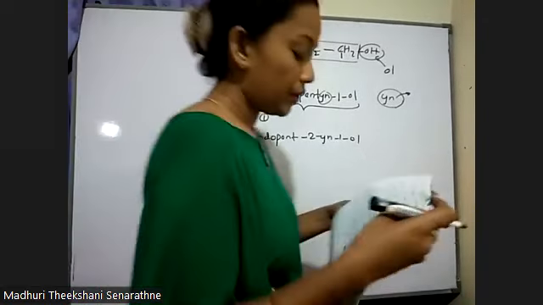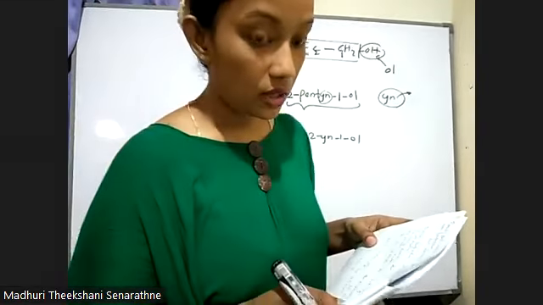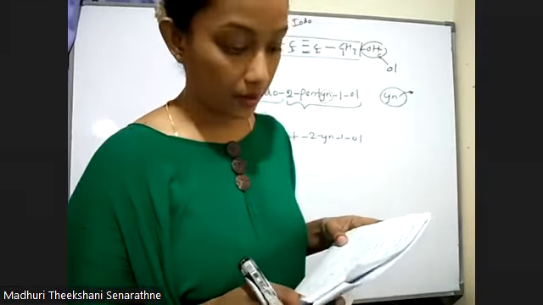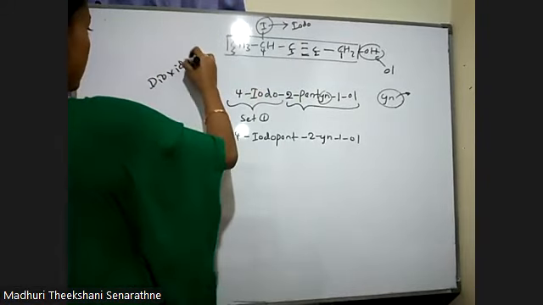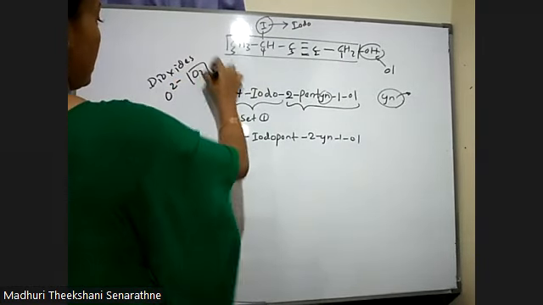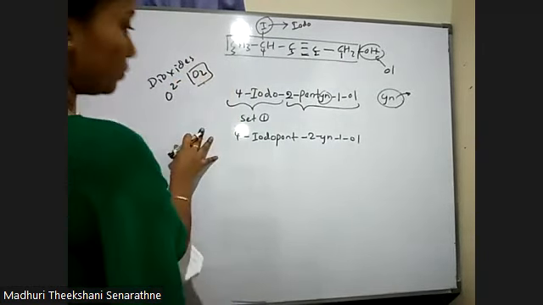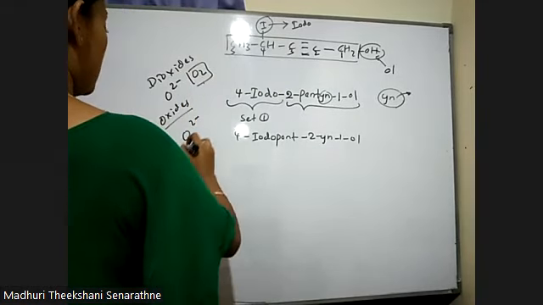Question 11. You have to select the element pair which produces a solid dioxide at room temperature. We have to consider dioxides. Dioxide means O2.